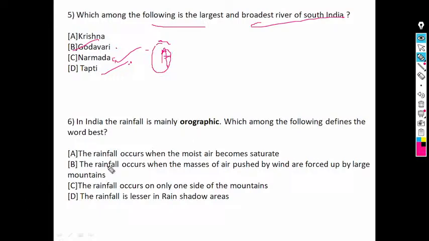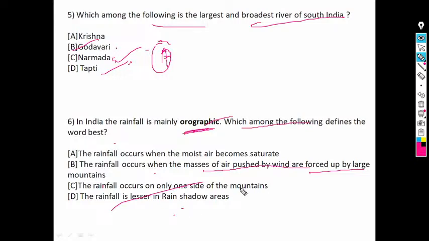Next, in India, the rainfall is mainly orographic in nature. Which among the following identifies the orographic case? The rainfall occurs when the masses of air pushed by the wind are forced up by the large mountains. Then the rainfall occurs only on one side of the mountain, and the rainfall is even lesser in the interior area.